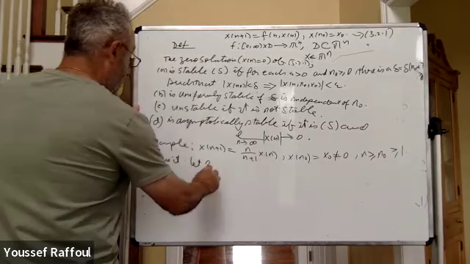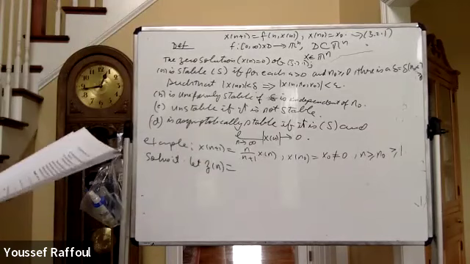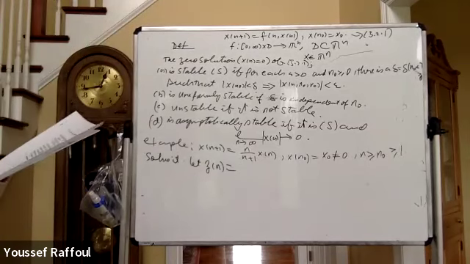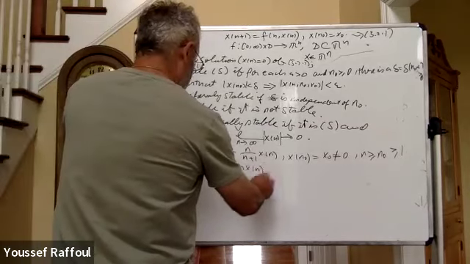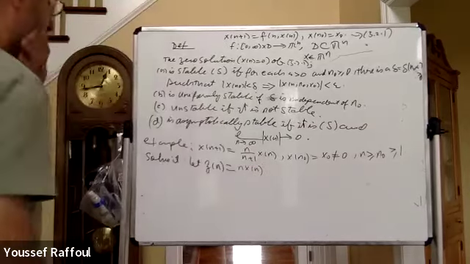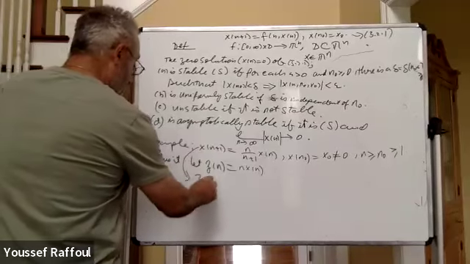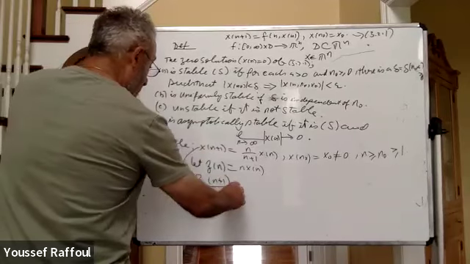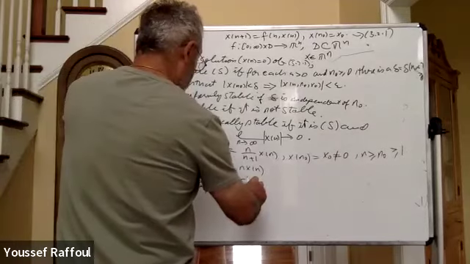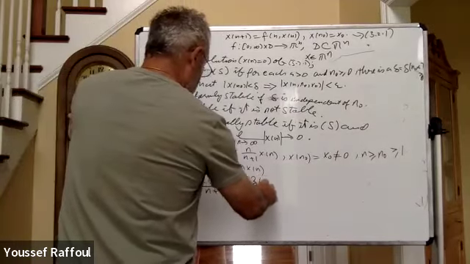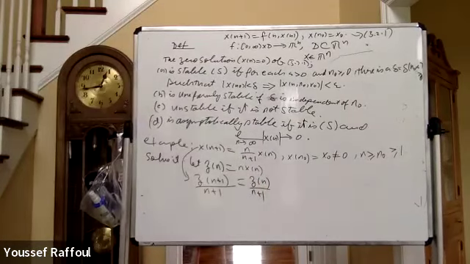Let Zn equal nxn. Then x_{n+1} becomes Z_{n+1} over n plus 1 equal to Zn over n plus 1.